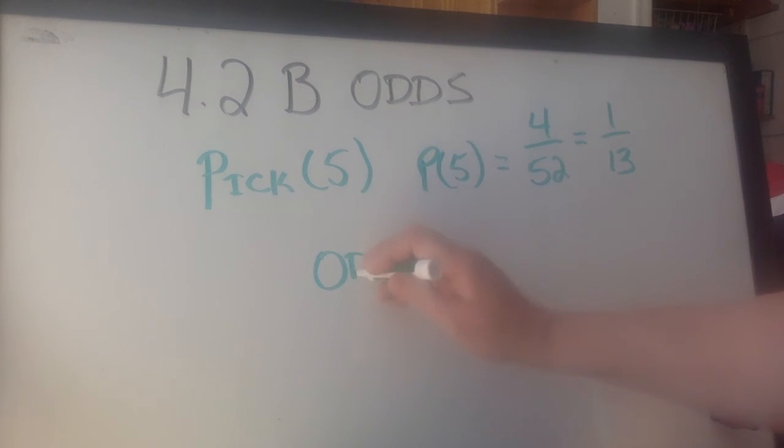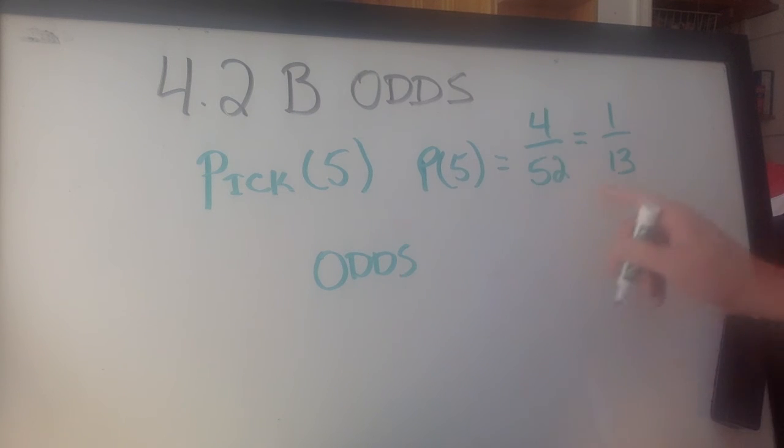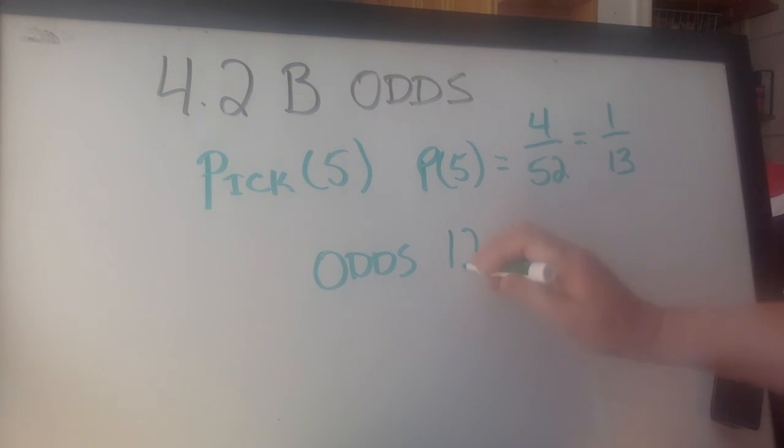Therefore, what are the odds of picking a 5? Well, again, the 1 goes second, and then we subtract, and we get 12 to 1. Those are the odds. What that means is that for every dollar you bet, you should get paid $12 in winnings.